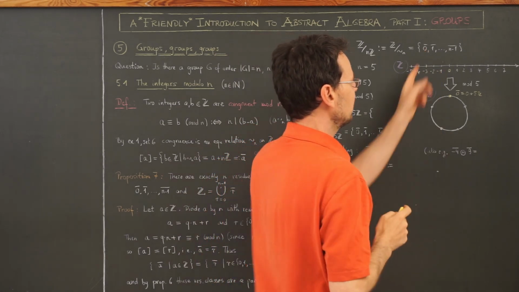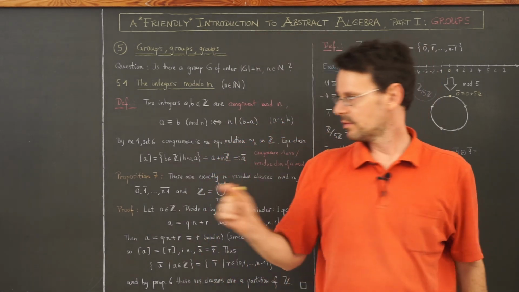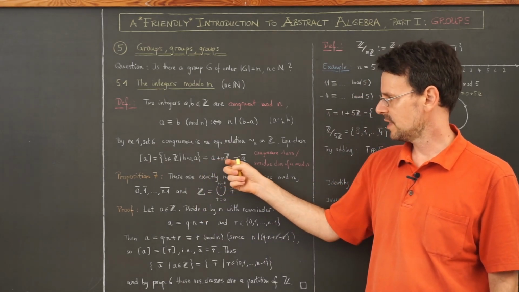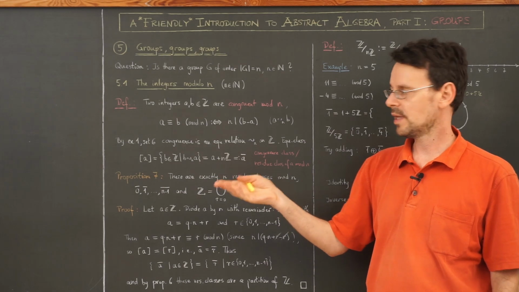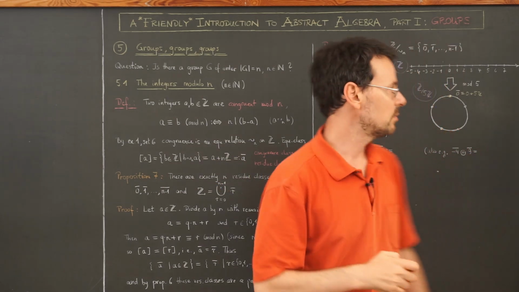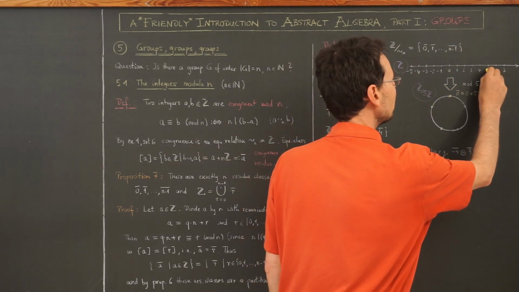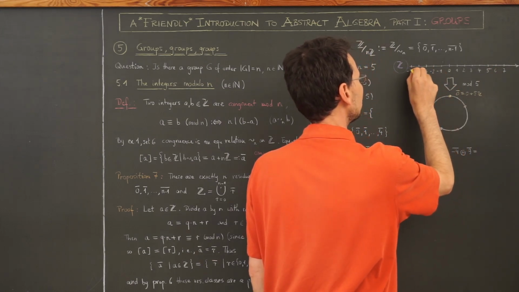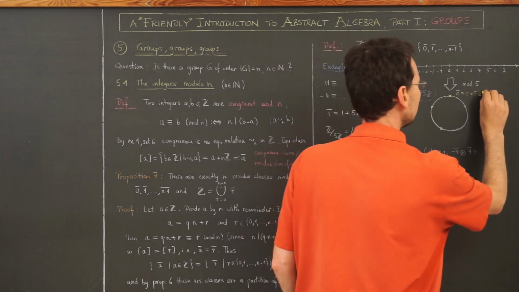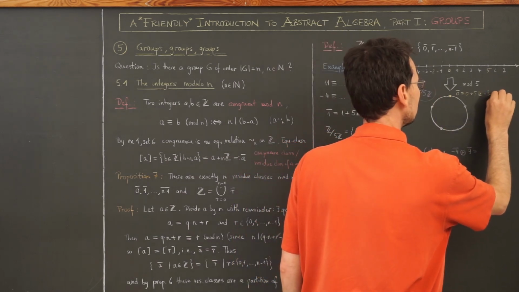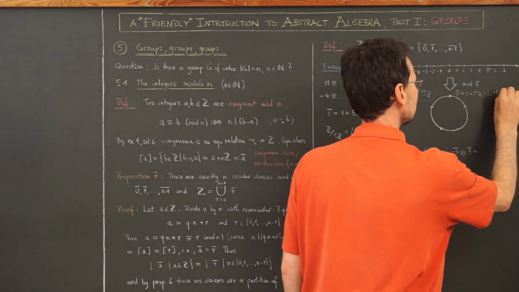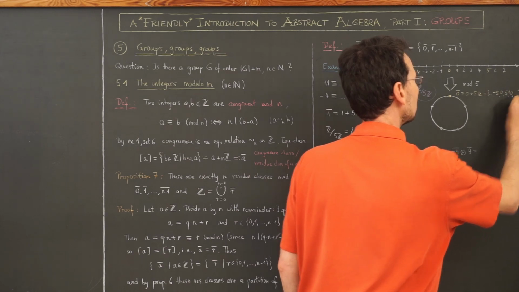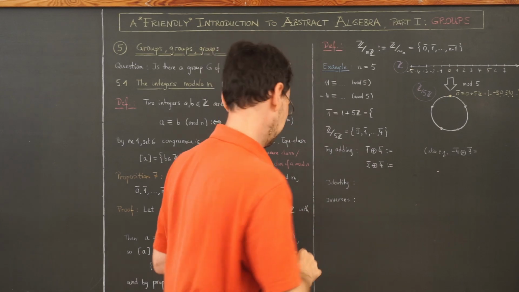Which elements lie in the residue class of 0? The residue class of 0 is 0 plus 5Z, so all the integer multiples of 5 added to 0. So I have 5, I would have 10, I have minus 5, and so on. So this here is minus 5, 0, 5, 10, and so on.